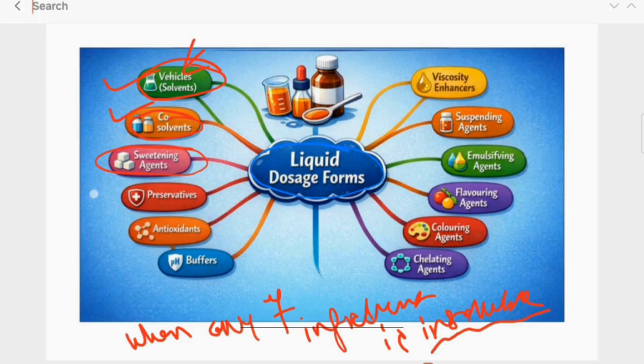Then we use preservative to protect the formulation from microorganisms. Then we use antioxidants. Then we use buffers to maintain the pH.